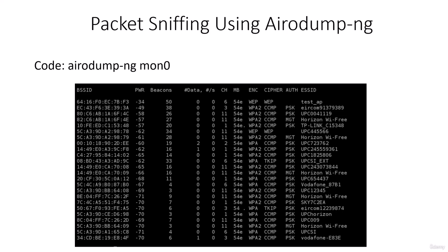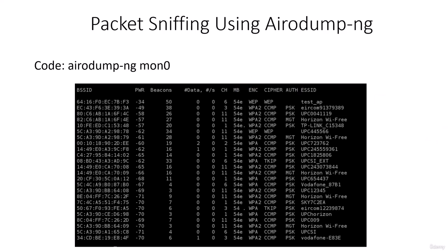So MB is the maximum speed supported by the access point, so it can go up to 54. ENC is the encryption used by the access point. So we see the encryption here as ENC.